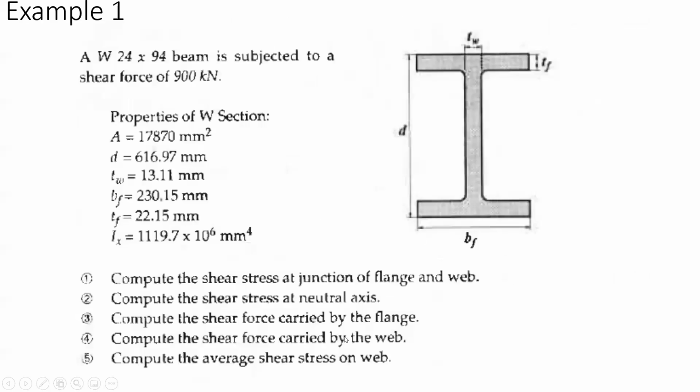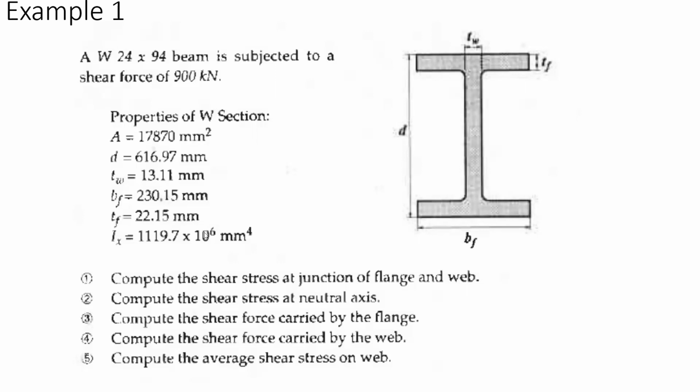Next. So this is an example. Let me pause this for a minute. Okay, so this will be our example number 1. We have a W24 by 94 beam subjected to a shear force of 900 kilonewton.